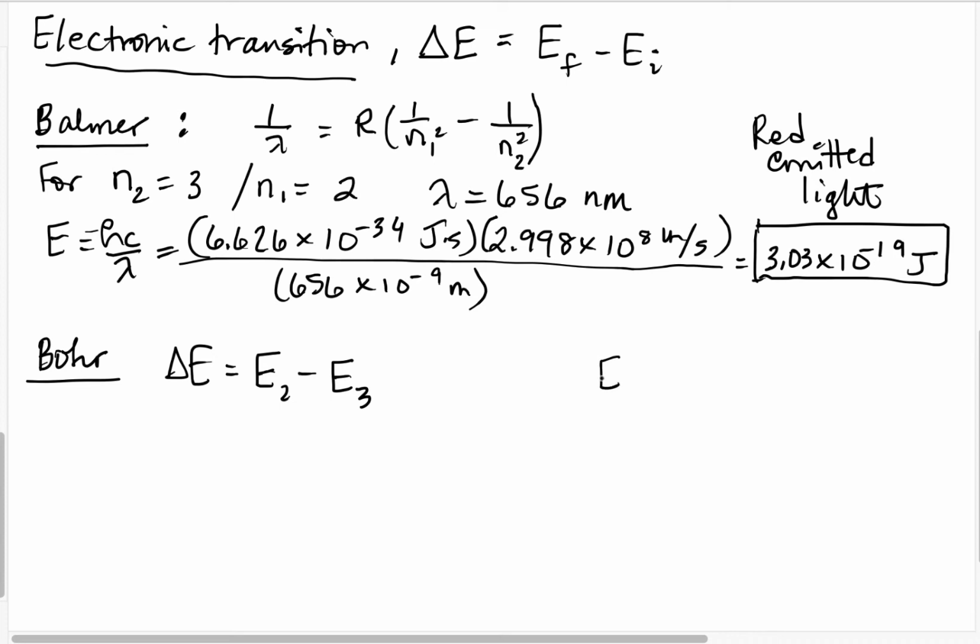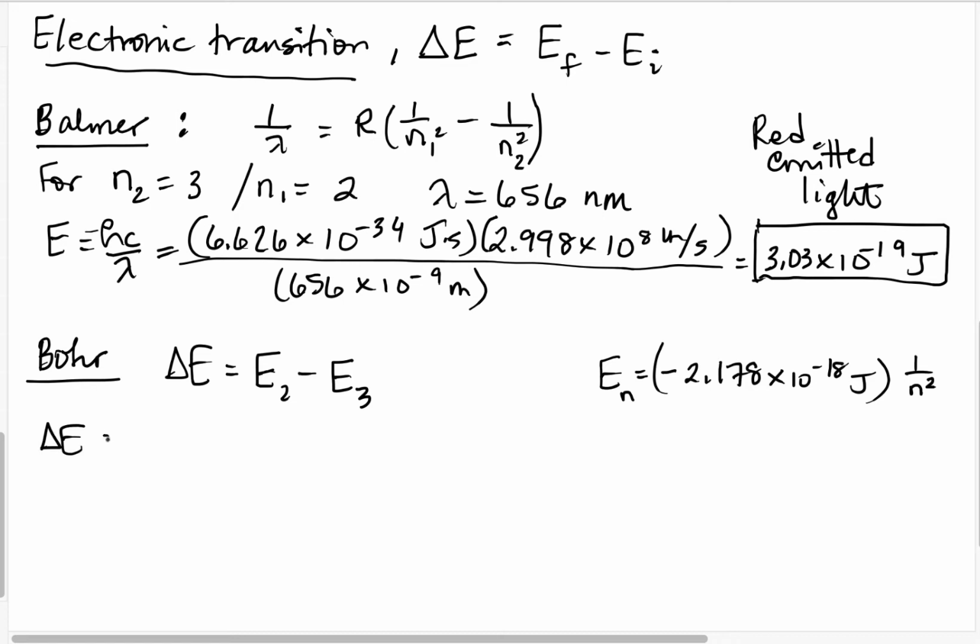Remember that the Bohr equation says E is equal to minus 2.178 times 10 to the minus 18 joules times 1 over n squared. And this is just for some energy level that's specific. It is not the change in the energy level. So when we do the change, we need to subtract them.